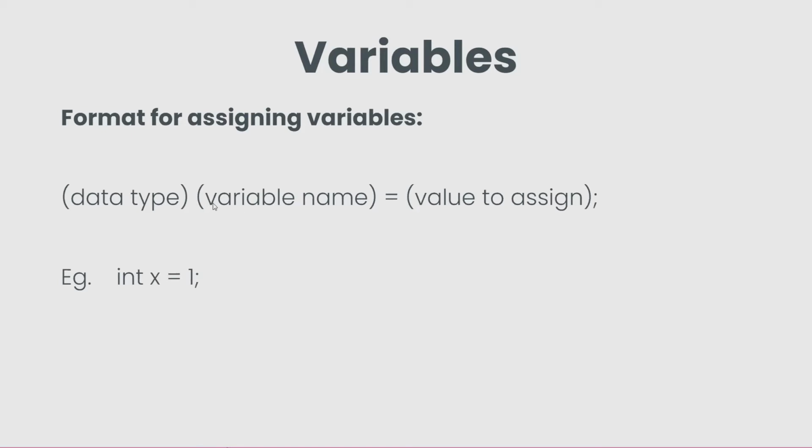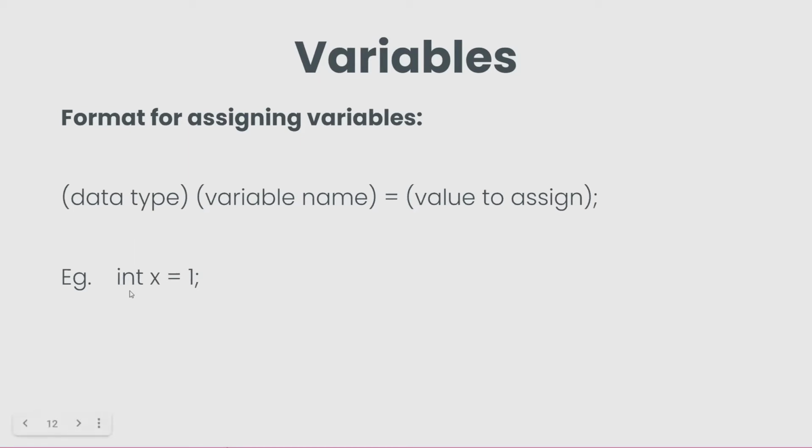So for example, I want to store the integer one into the variable X. The format for assigning will look something like this. You declare your data type, and in this case, I want to assign the integer one.